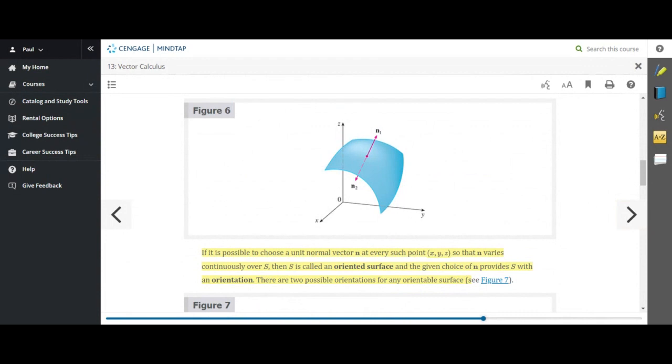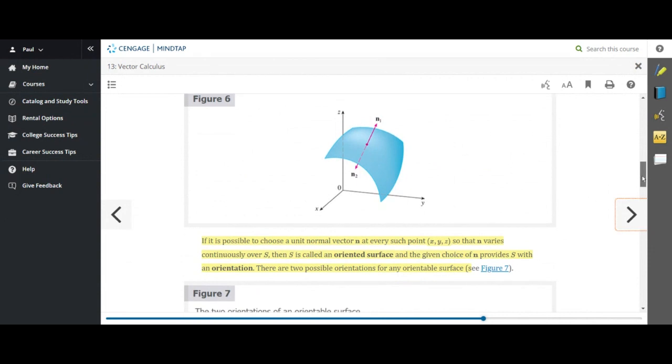If we are going with positive orientation, it would be flowing outward from the surface. If we're going with negative orientation, it would be flowing inward. So you see in figure 6, they have a normal vector to the surface going outward and a second normal vector, n sub 2, flowing inward.